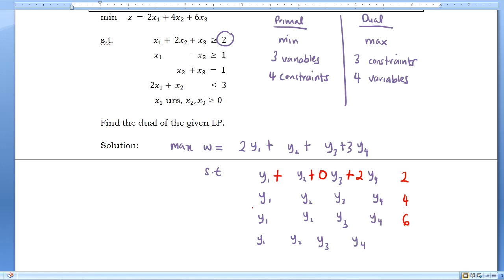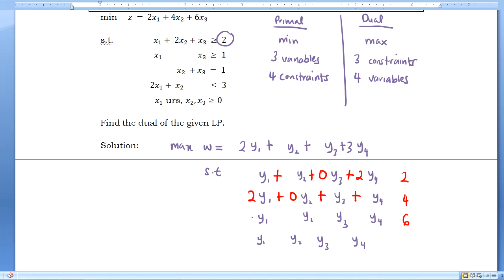And the second constraint is 2y1 plus 0y2 plus 1y3 plus 1y4. And for the last constraint, the coefficient comes from the coefficient of the third variable in the primal.